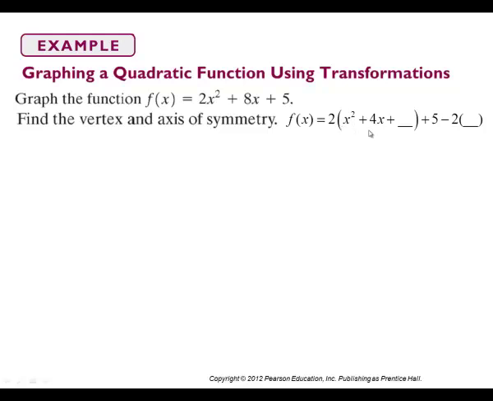Well, what we add to one side we have to subtract from the other side, because we're all on the same side of the equal sign. And since there is a 2 out front, we have to put a minus 2 times the b over 2 squared. The b is 4, so 4 over 2 is 2, 2 squared is 4, and so this would be minus 2 times 4 here.